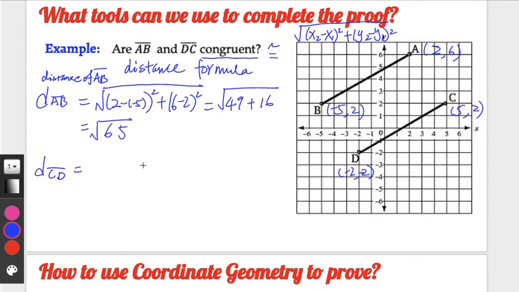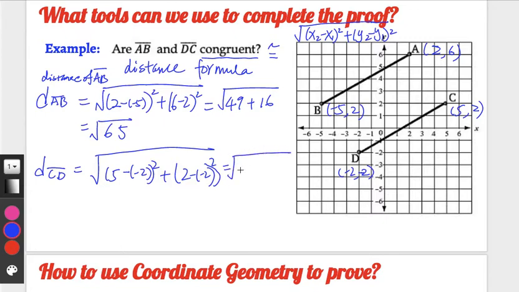CD here is going to be a square root. Again, we find the difference between x, 5 minus -2 squared, and then 2 minus -2 squared, in parentheses. So if you check this number, you probably already figured out 5 minus -2 is 7, 7 squared is 49. 2 minus -2 is going to be 4, 4 squared is 16.